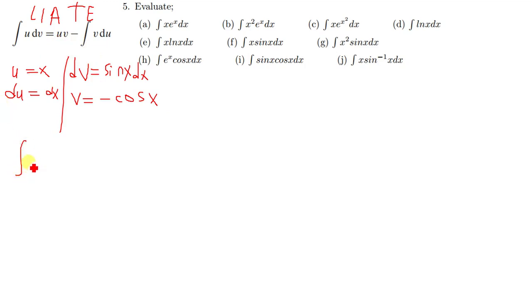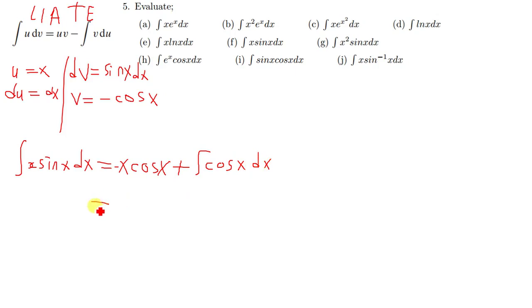So I'm going to have the integral of x sine x with respect to x being equal to, my u is x, my v is negative cos x, minus the integral of my v, which is negative cos x, and then my du is just dx.